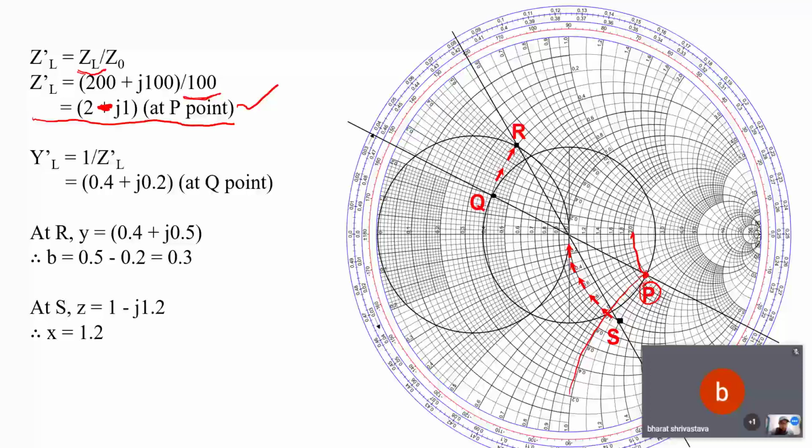For converting this load impedance into admittance, I will first draw a constant SWR circle, and then draw a line passing through this point as well as the center of this Smith chart. The point where it cuts the constant SWR circle represents the load admittance. So point Q represents the load admittance.